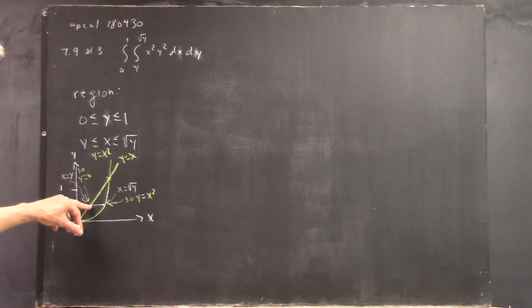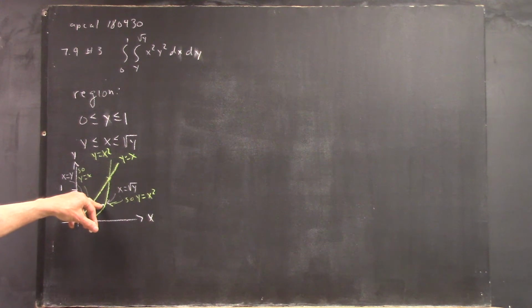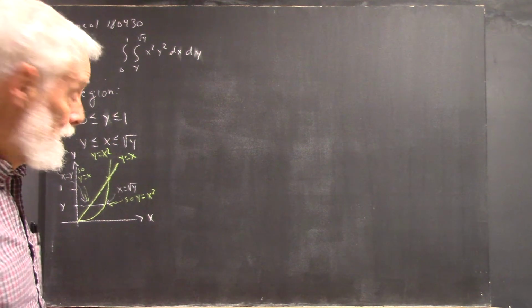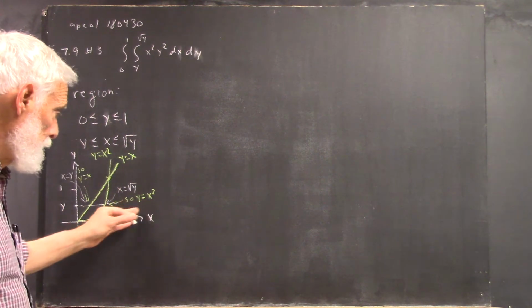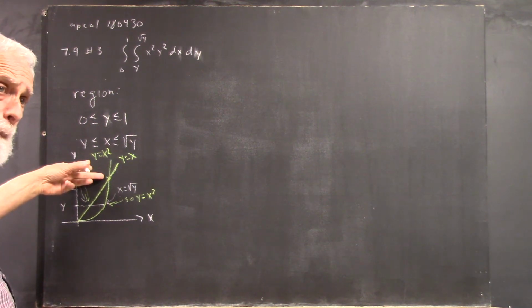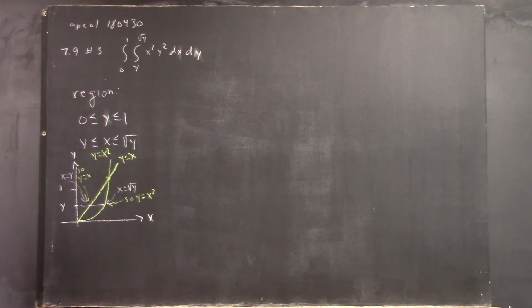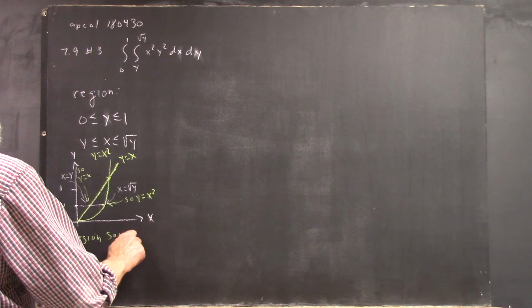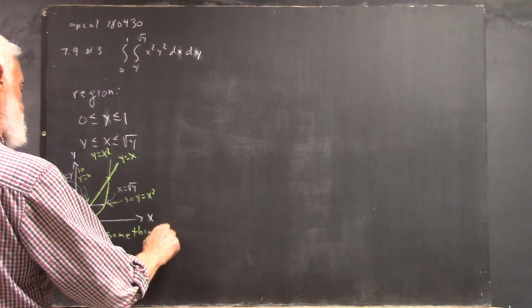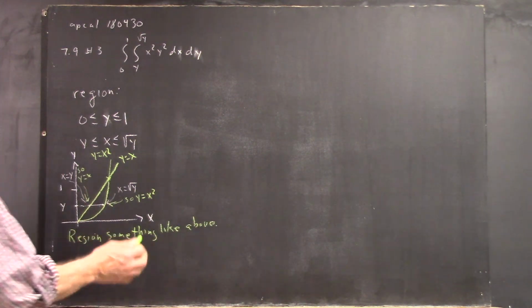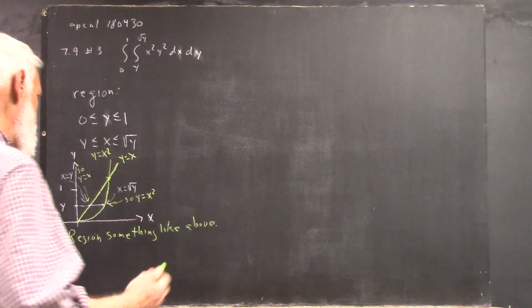When I said y equals x and put it here, and then y equals x squared, or x equals square root of y and put it here, did I really put that point in the right position? I didn't calculate it. So if I use this point as a guide for graphing my y equals x squared function, that intersection point might not be where it really goes, right? Okay? So the region is something like this. It's going to look something like this, but the scale might not be right.